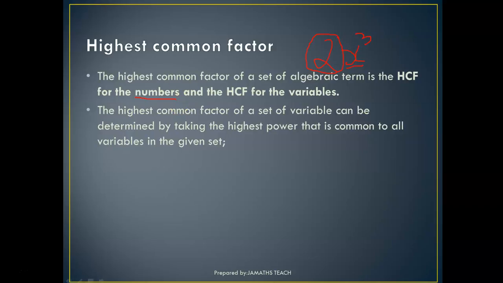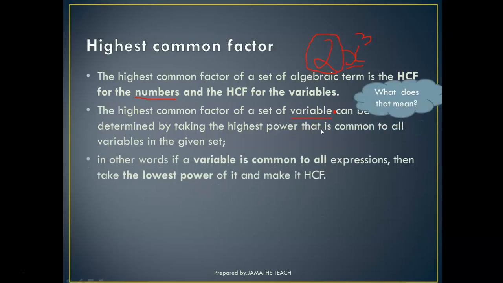Alright, so next, the highest common factor of a set of variables can be determined by taking the highest power that is common to all variables in the given set. What am I saying? What does that mean?